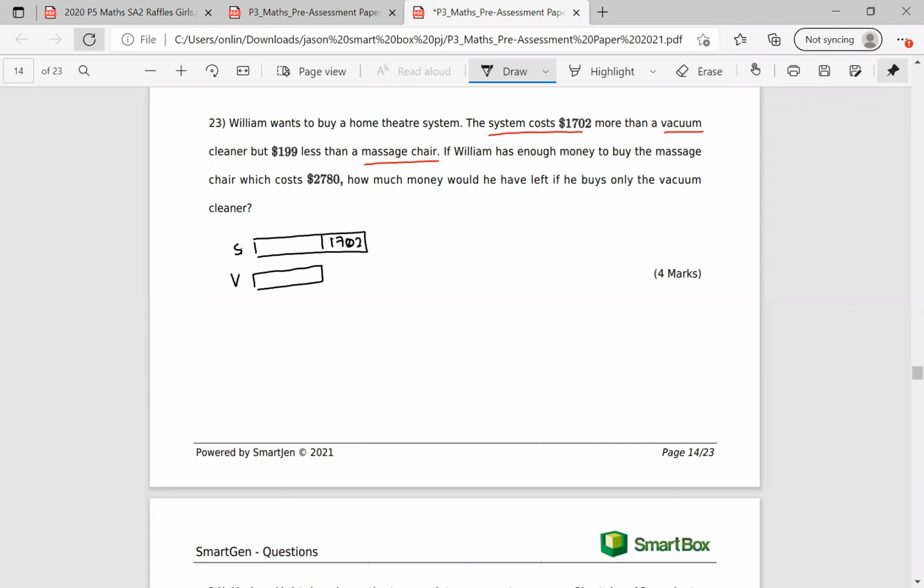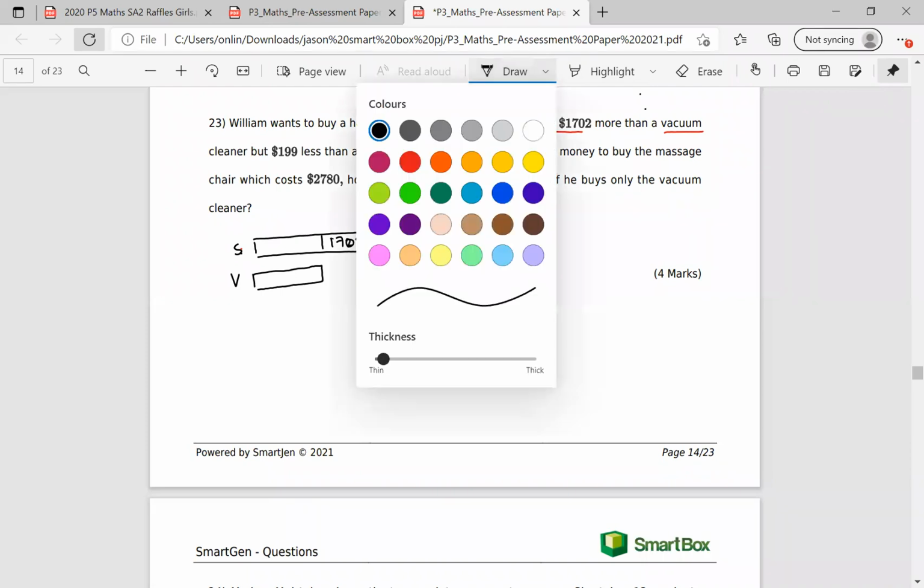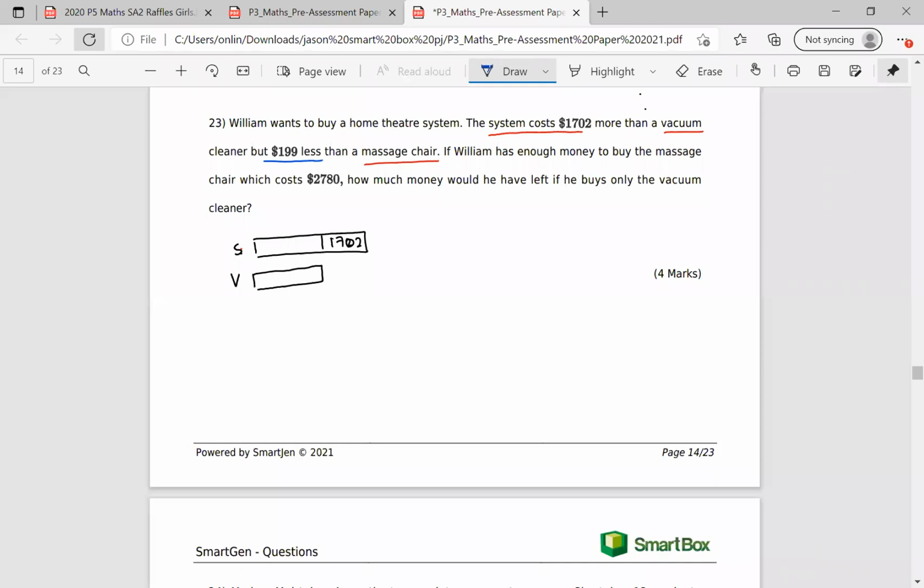Then they say that it is 199 lesser than a massage chair. Please note that the question is stating that the system is lesser than the massage chair.